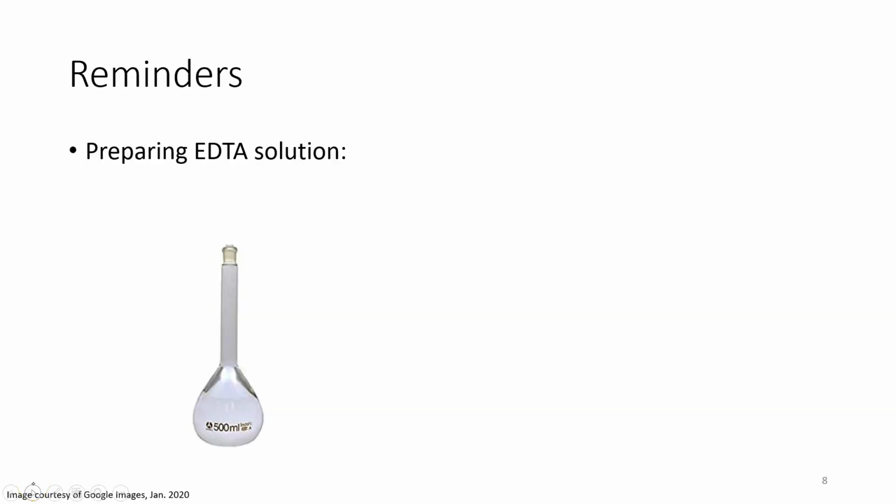I think the procedure says to dissolve something like 0.6 grams of dried EDTA in a 500 mL vol flask, and it says to quantitatively transfer the EDTA to the vol flask.